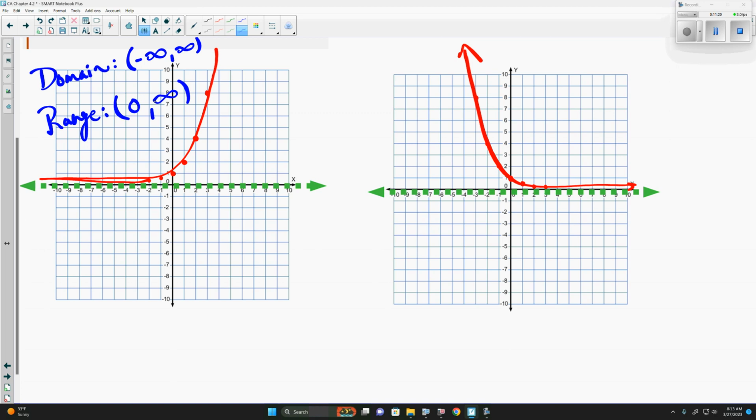And incidentally, the same thing is true for our other function. Domain is still all real numbers. The range is still 0 to infinity. Questions on any of this here?